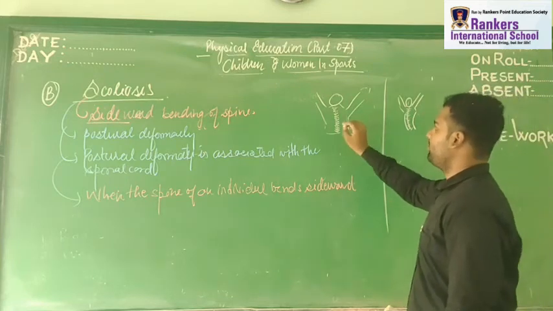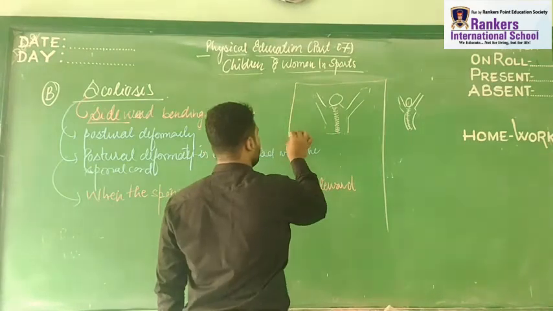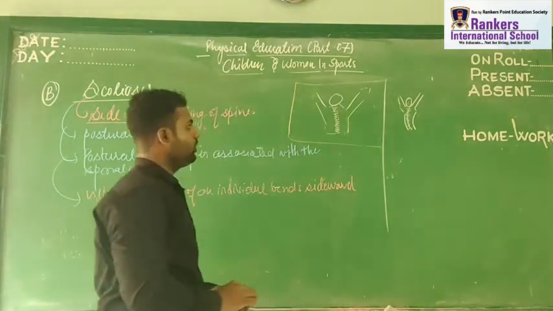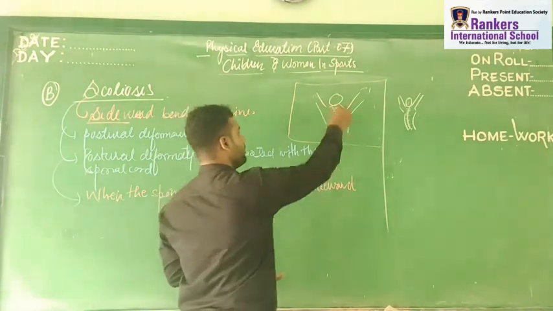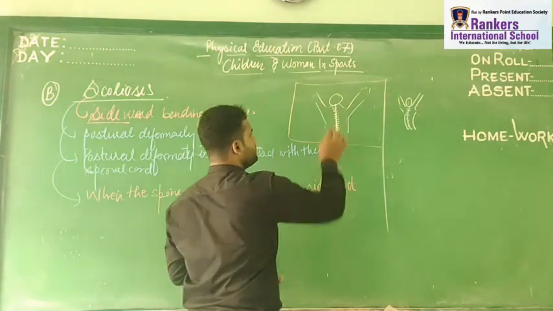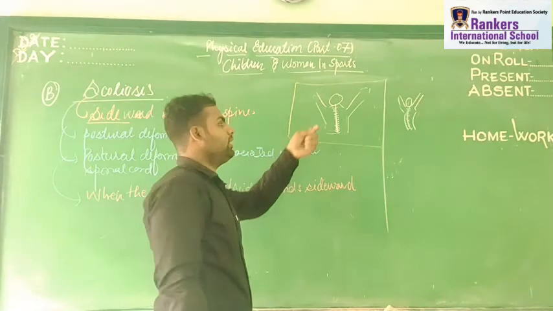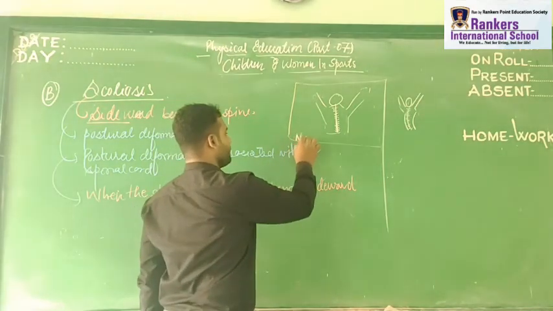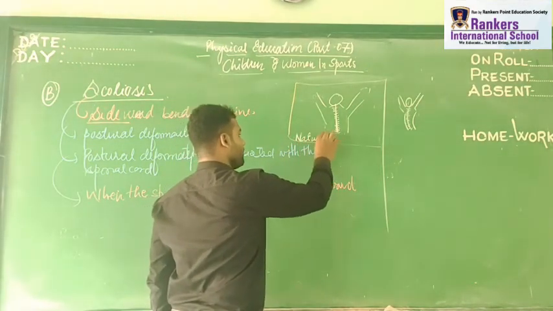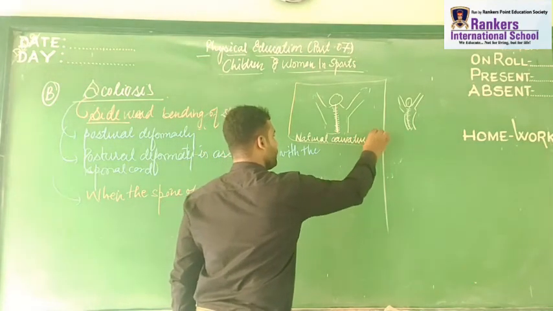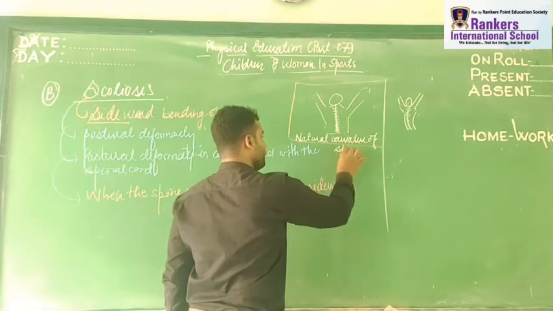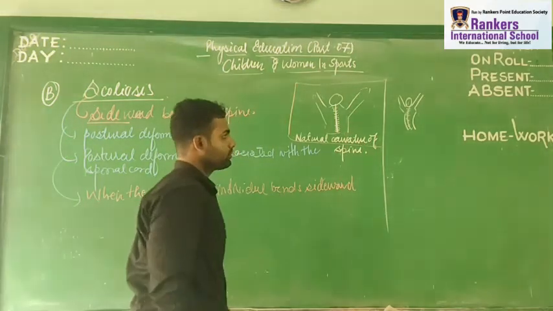This is the normal view of the spine. A person having a normal, straight spine. This is the natural curvature of the spine. A normal individual is here.